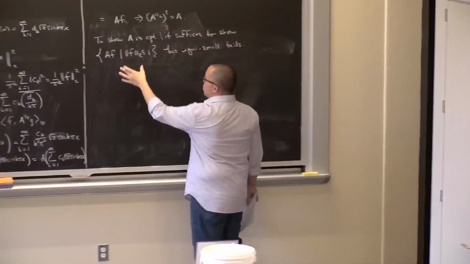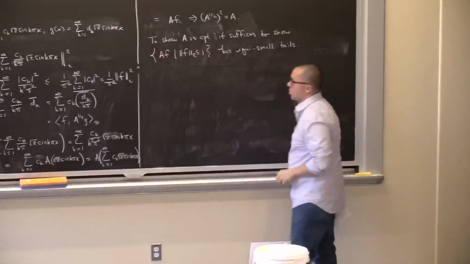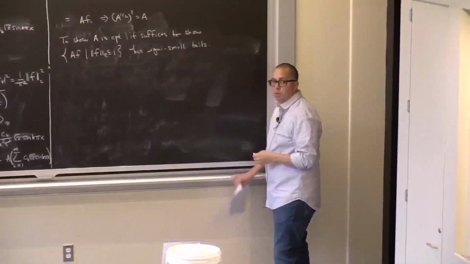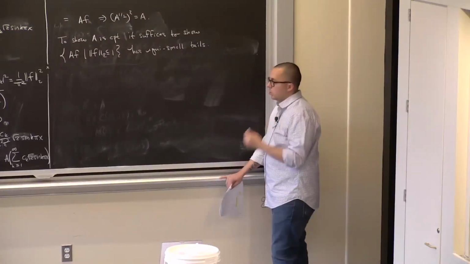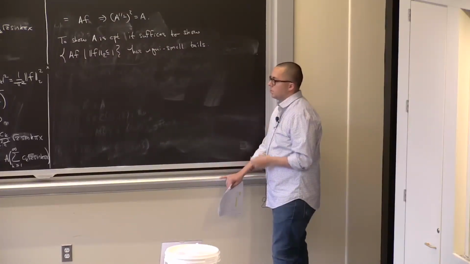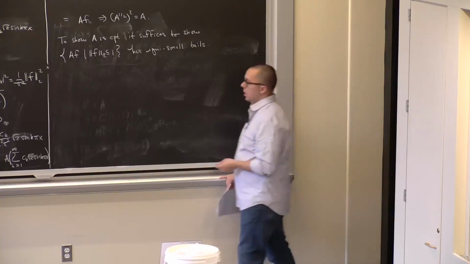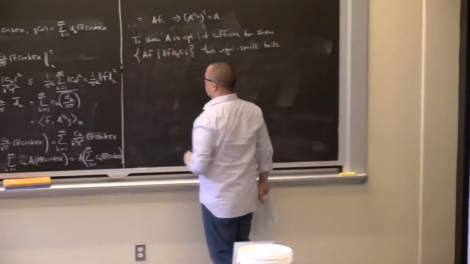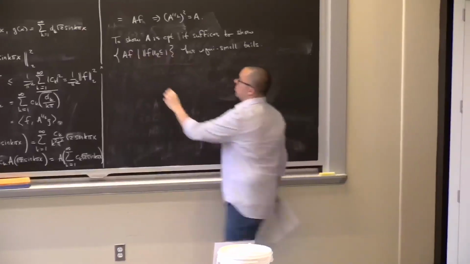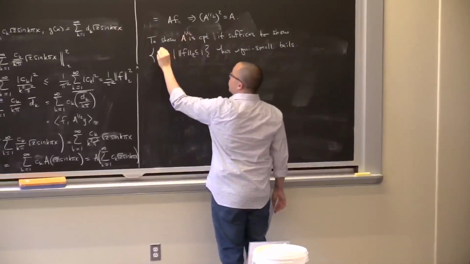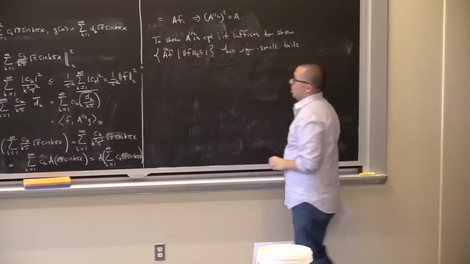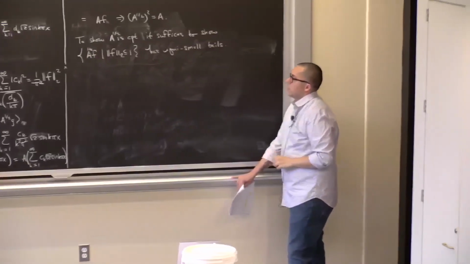The fact that this has equi-small tails then implies that the closure also has equi-small tails, and therefore by the theorem we proved about characterizing compact subsets of Hilbert spaces, we conclude that the closure of this set is compact, and therefore A to the 1/2 is a compact operator.